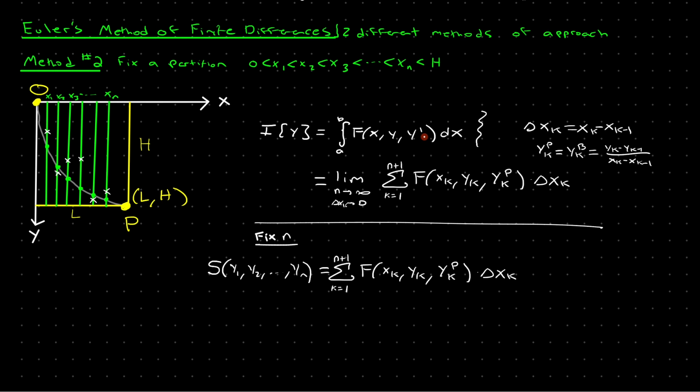the idea behind method 2 is really the same idea behind method 1. What we're going to do is try to optimize this multivariable function of y1 through yn and see if we can arrive at the correct solution to the problem that we showed via method 1.